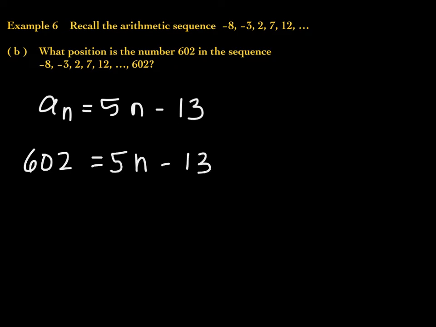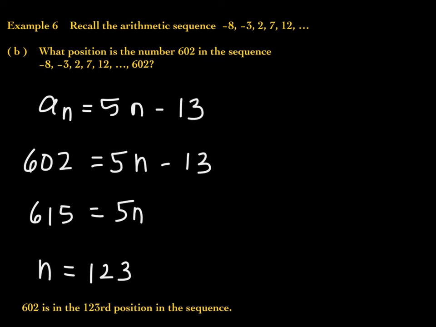All right? Add 13 to both sides. You get 615 is equal to 5n. Divide both sides by 5, and you get n is equal to 123. So 602 is the 123rd term in the sequence. So there's our conclusion right there, everybody.